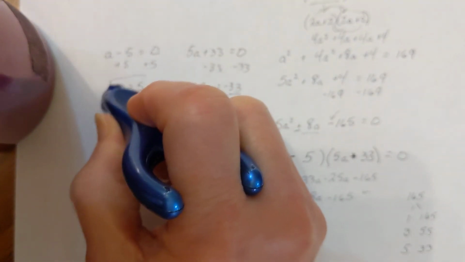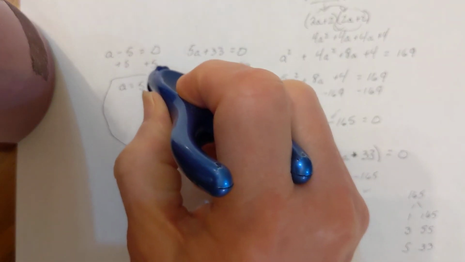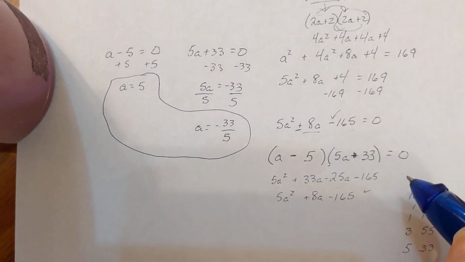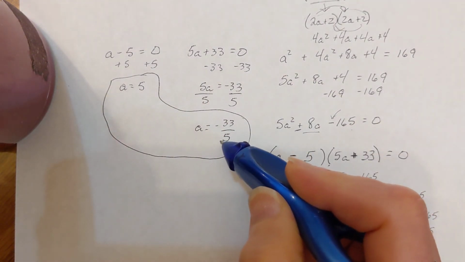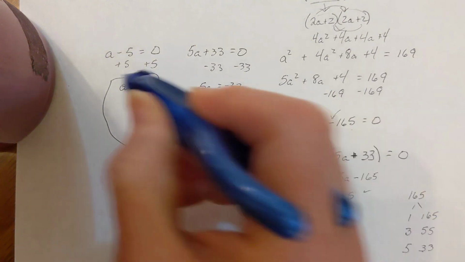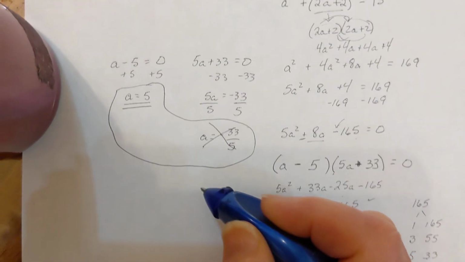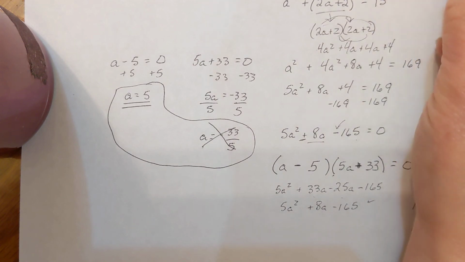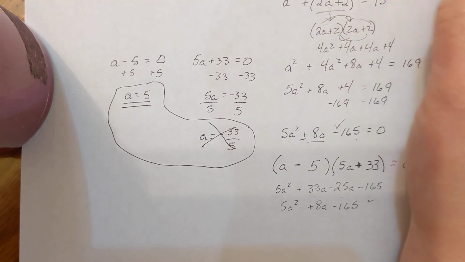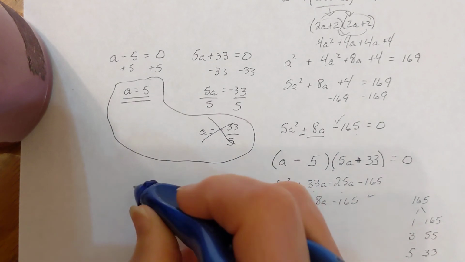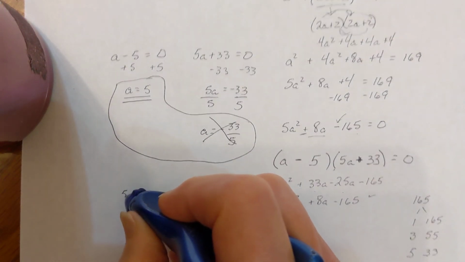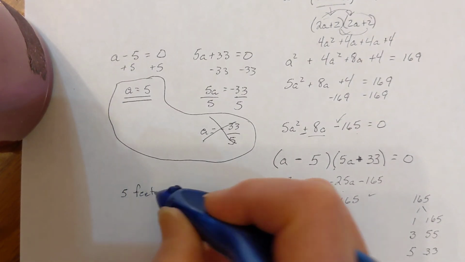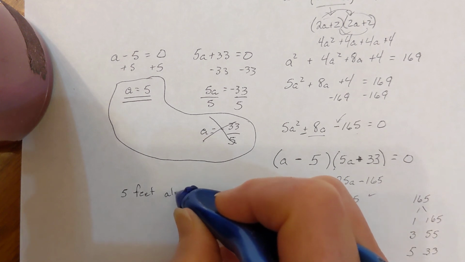Now my distance is measured in feet. It is a distance. Distances have to be positive, so it cannot be negative. So A, the distance from the base of the ladder to the base of the wall, is 5 feet. So it's 5 feet along the base.